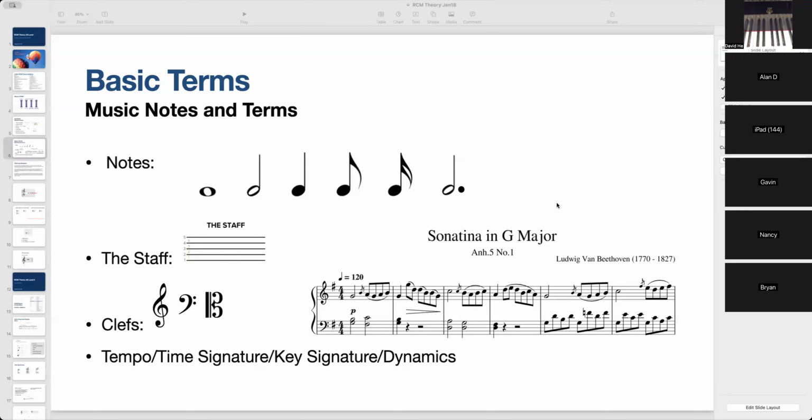And another thing, I'm going to write down here. Those 3 things can be easily mixed up: tempo, rhythm, and then dynamics.